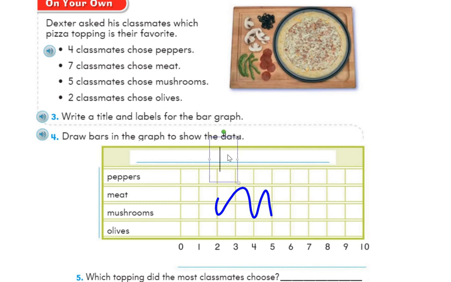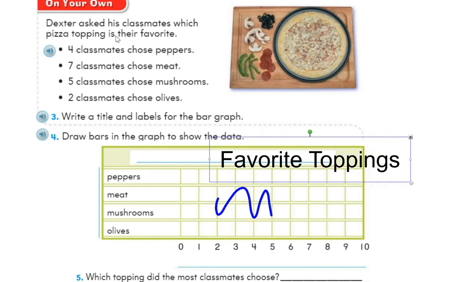Favorite pizza toppings? Because it says that he asked his classmates which toppings are their favorites. So I'm going to type in favorite toppings.